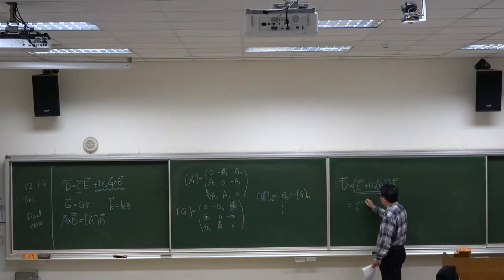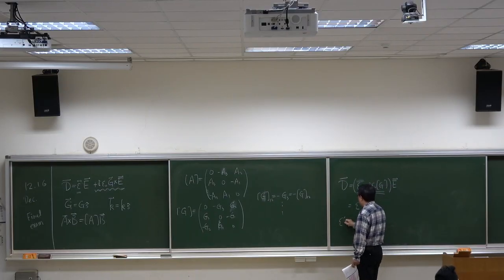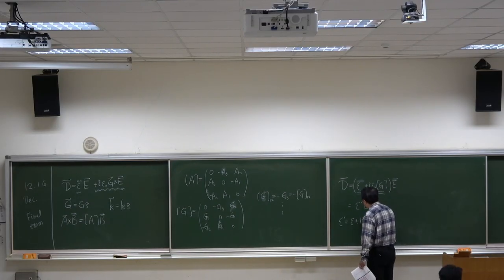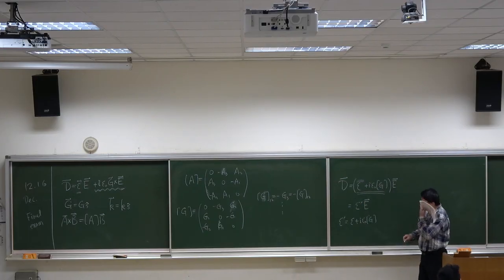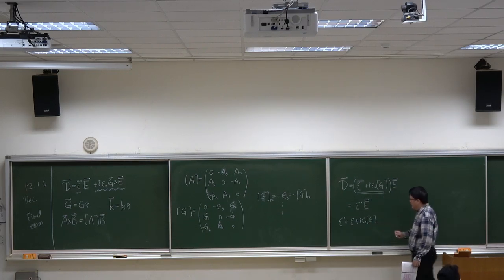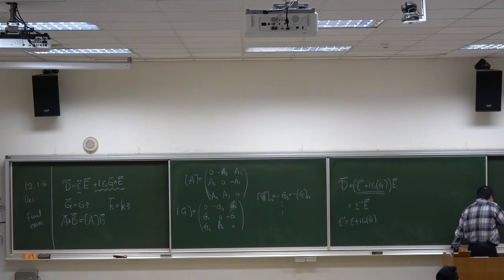We can write this as epsilon prime times E. Here epsilon prime is nothing but epsilon plus i epsilon 0 G. Here epsilon is a matrix. This is also a matrix. That's it.